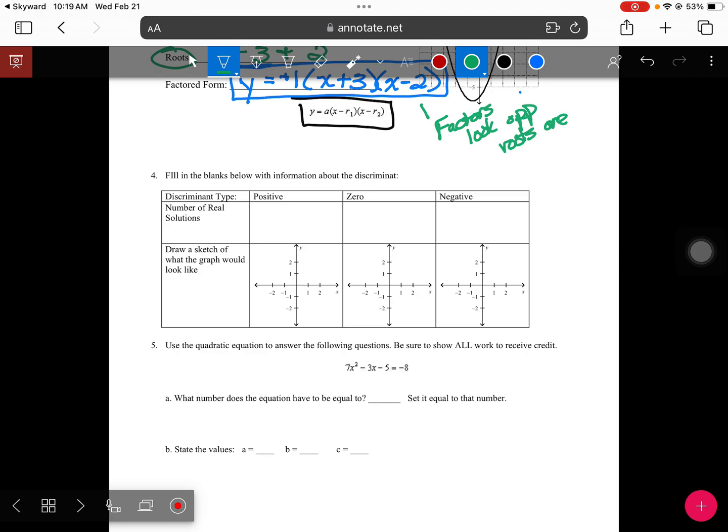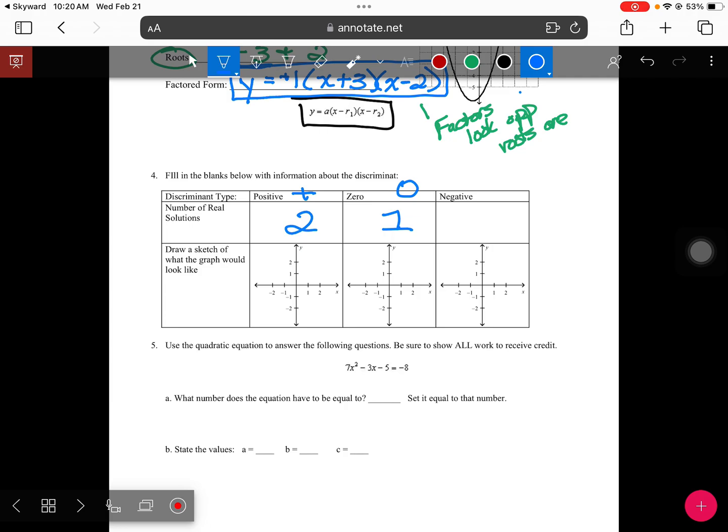Fill in the blanks below with the information about the discriminant. So if I have a positive answer, how many real solutions am I going to have? 2. If I have a 0 discriminant where the answer is equal to 0, how many real solutions? Which is it? 1.